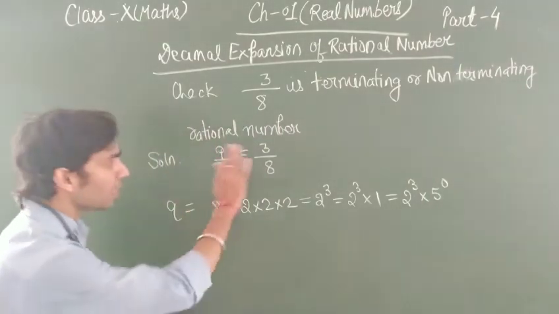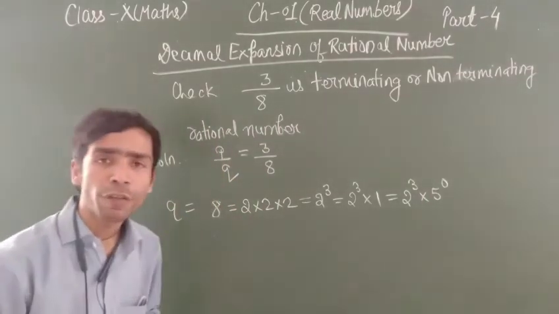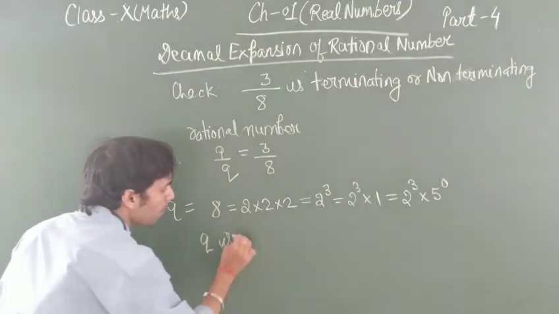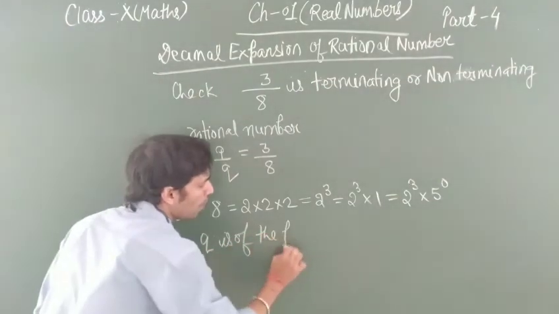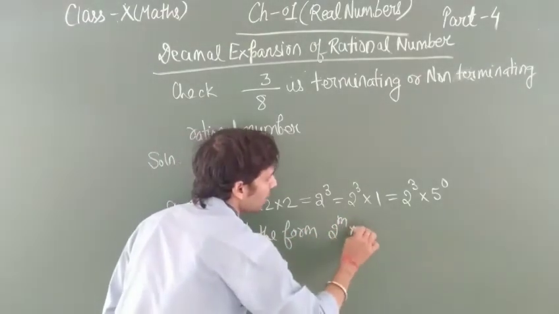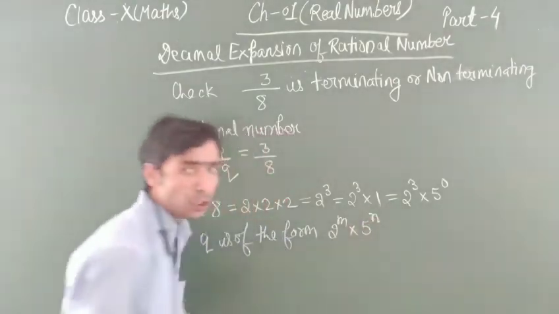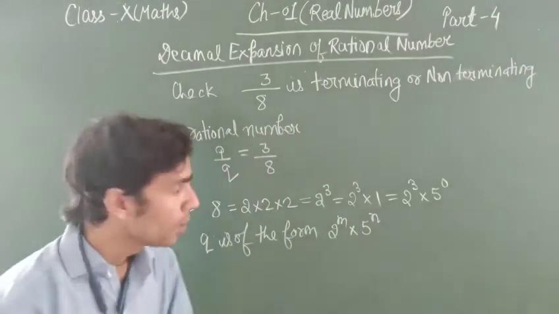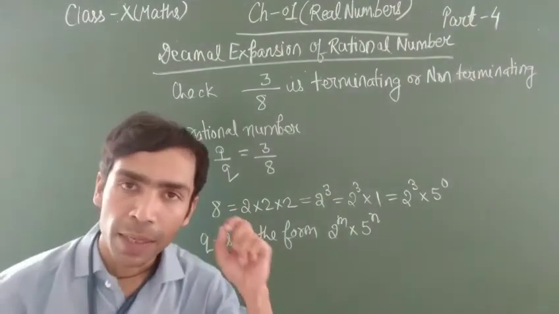So by calculating this prime factor of q, we can say that q is of the form 2 to the power m and 5 to the power n. I told you when q is of the form 2 to the power m into 5 to the power n, that number will be a terminating rational number.